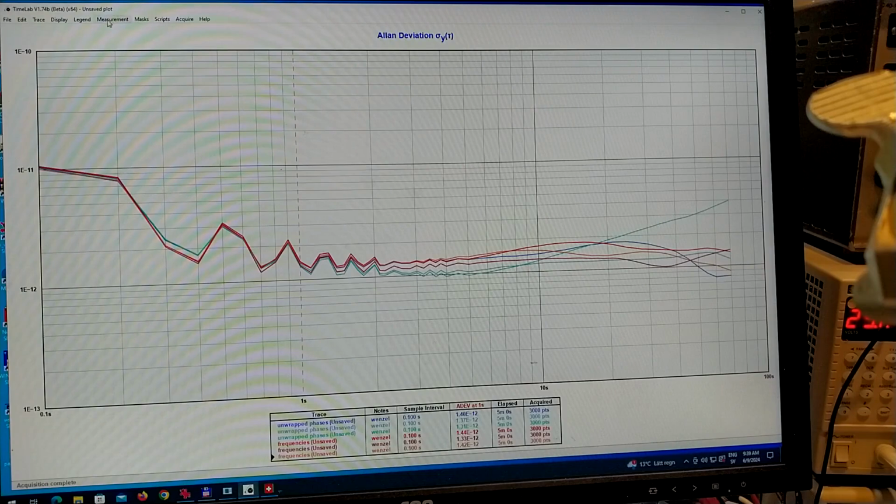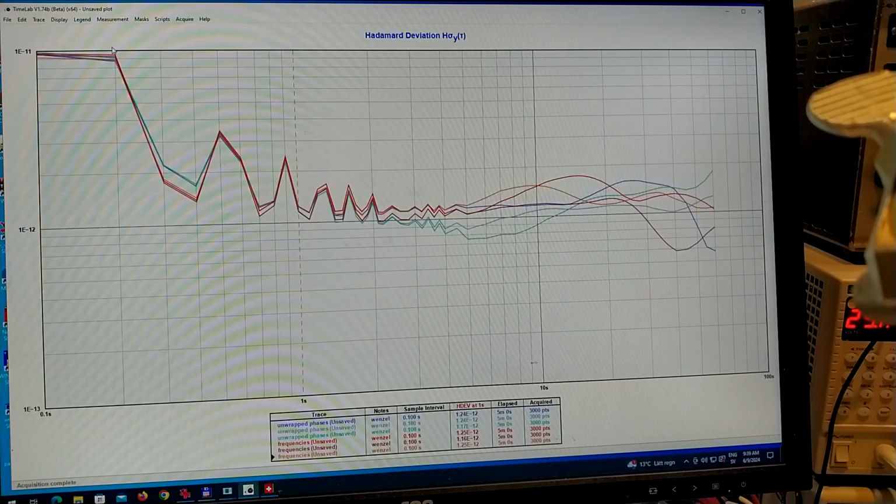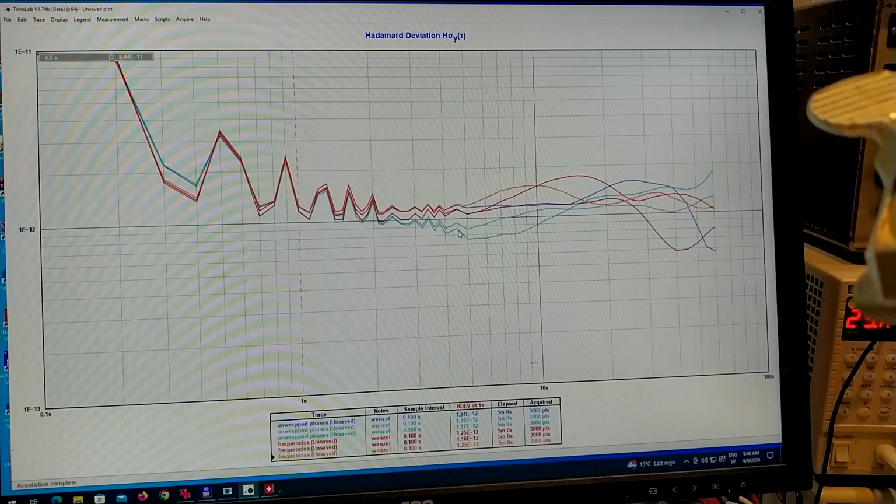If I look at modified Allan deviation, it doesn't make much difference. And I can look at Hadamard, and it looks like this. Statistically, one could say that the blue traces, one is between the 3 red ones, but 2 are a little bit below.